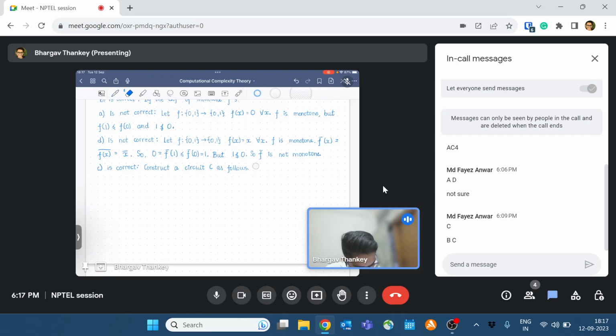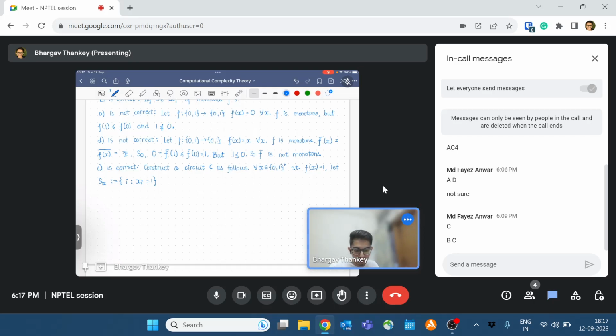For all x in {0,1}^n such that f of x equals 1, let Sx be the set of all i such that xi is equal to 1. So I'm looking at all the strings which evaluate to 1 under the function, and for all such strings, I'm picking up the coordinates of bits which are 1.